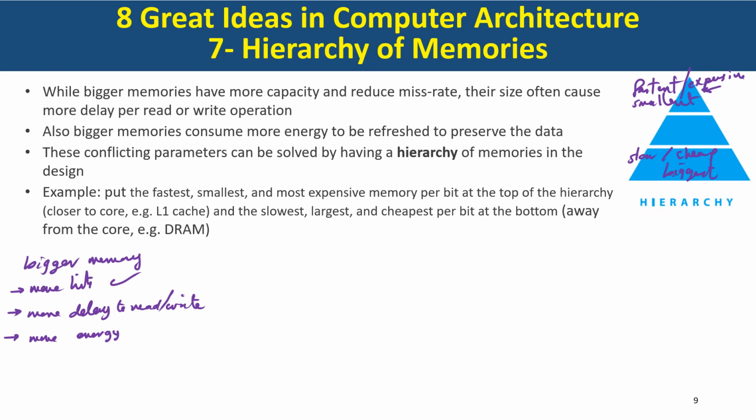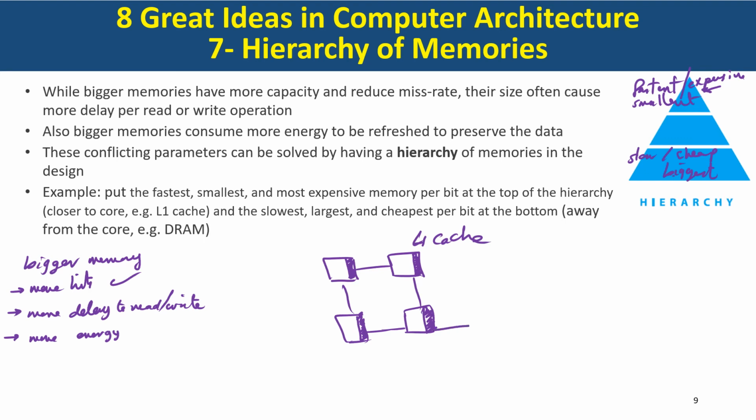Let's assume that you have a multi-core processor, so a processor of 4 cores, for example. Each core has its own cache implemented very close to it. And this is called L1 cache, level 1.